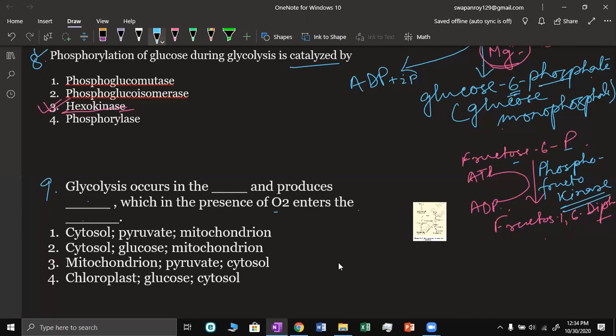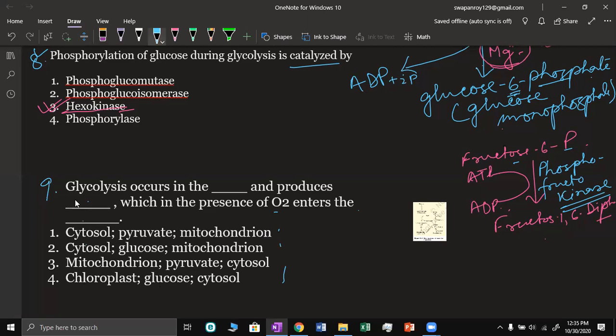So what will be the suitable word from these options? Cytosol, pyruvate, mitochondria. These are the words given, but their sequence has been changed in the different options.